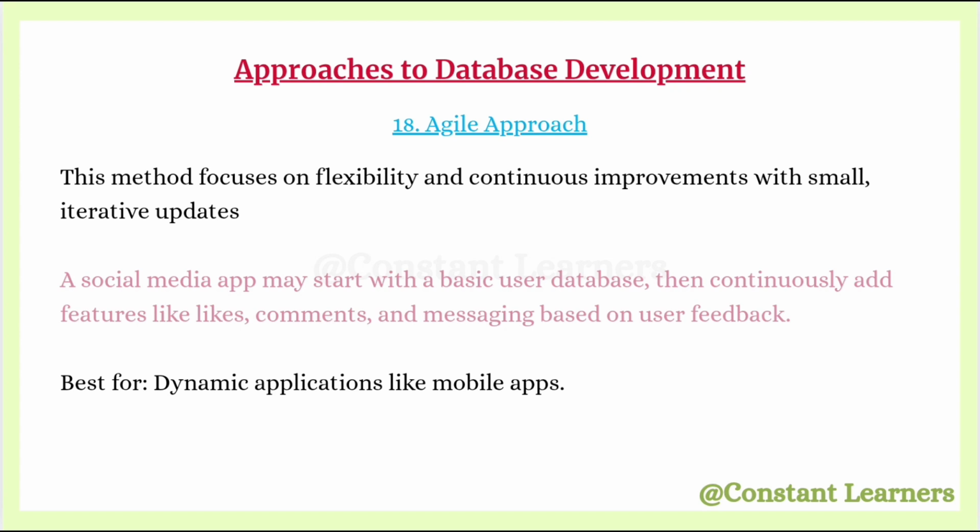So if we look a few years back at the Facebook or the Instagram or the YouTube apps, how they were earlier and how they have evolved over time, it is really commendable, right? So this is the Agile approach where they build something, they make it available to the audience, and then they continuously keep on improving it as per the user requirement. This is best for dynamic applications like mobile apps.